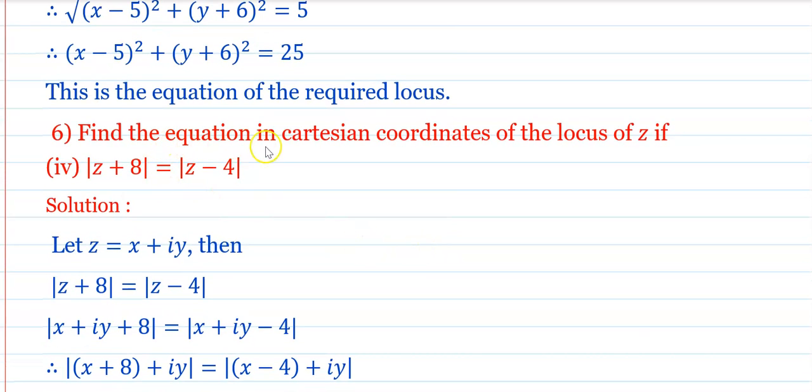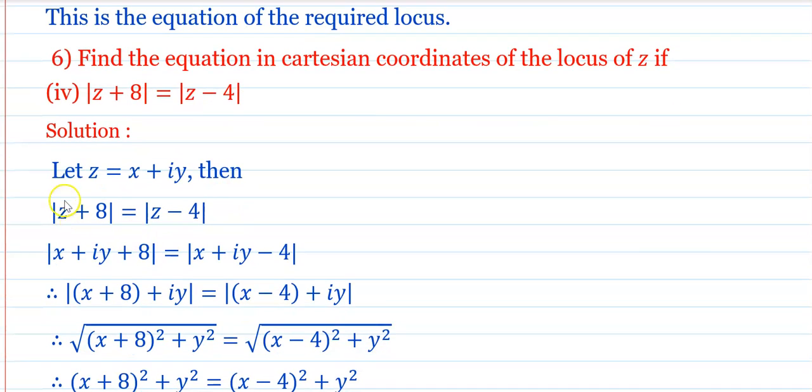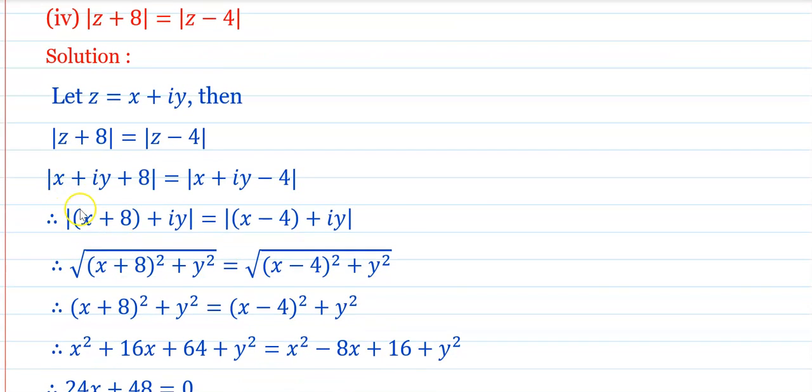Next, find the equation in the Cartesian coordinate of the locus of z if mod of z plus 8 is equals to mod of z minus 4. Now here the z is equals to x plus iy, then z is replaced by x plus iy plus 8, x plus iy minus 4. Again we can write here mod of x plus 8 plus iy complete that is equals to x minus 4 in first bracket plus iy.